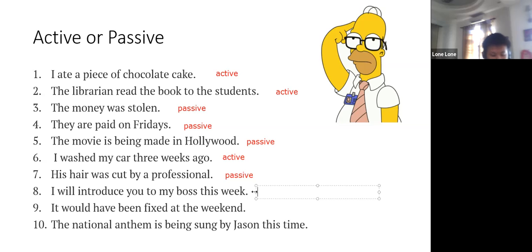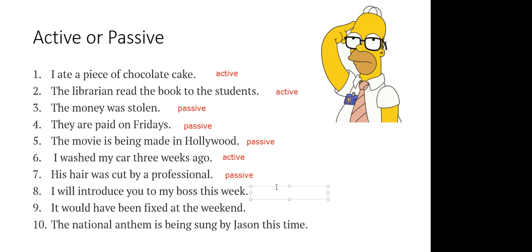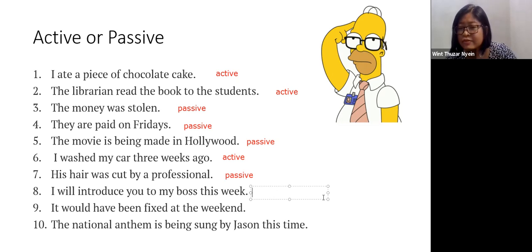8. I will introduce you to my boss this week. Is that active or passive? Passive.